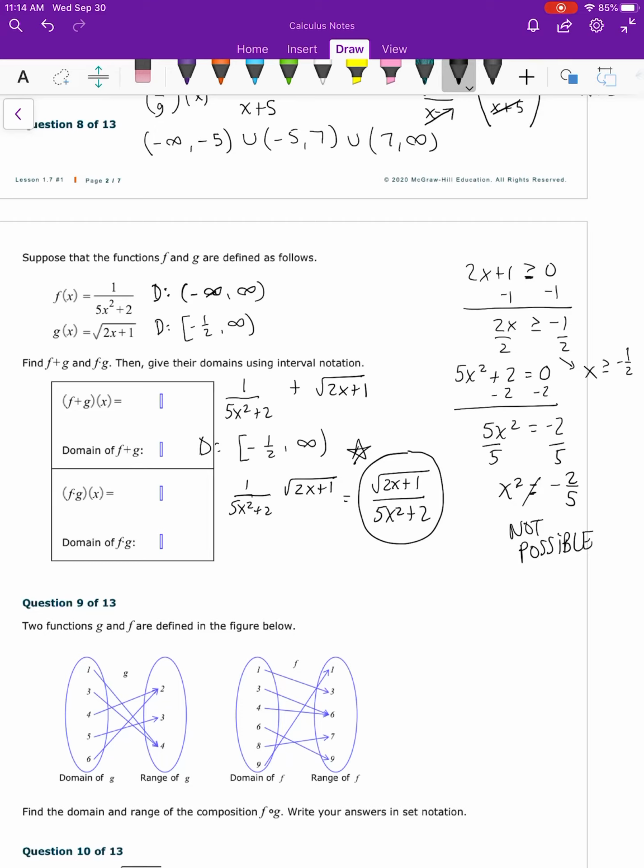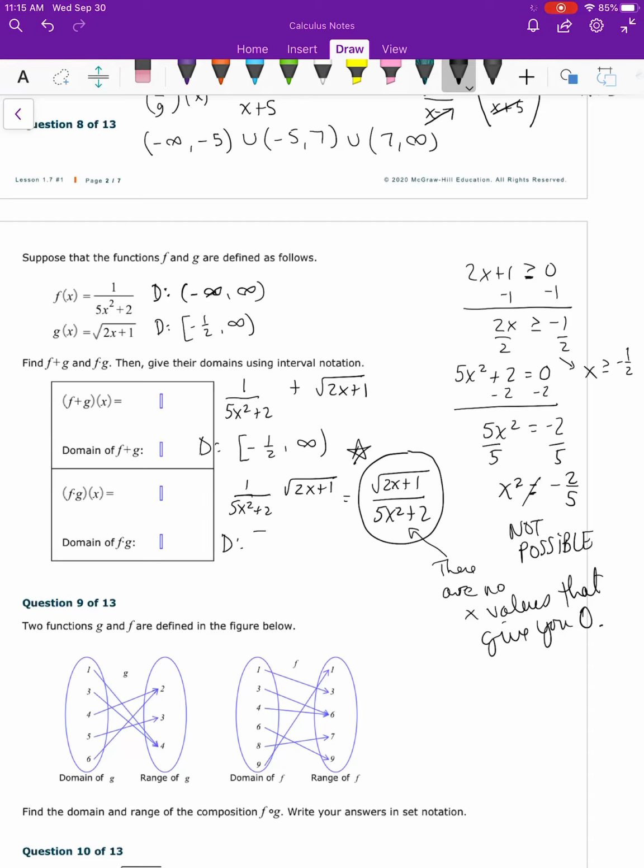And again, there's nothing that will make this 0 in the denominator. There are no x values that give you 0. So you don't have to worry about that, but you still have to worry about having a 0 underneath the root.